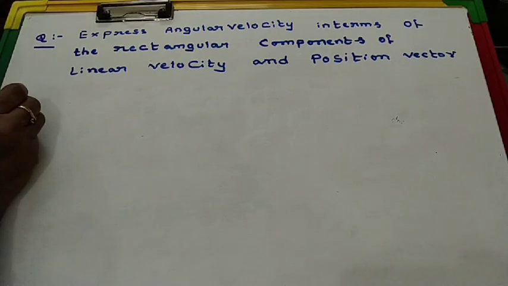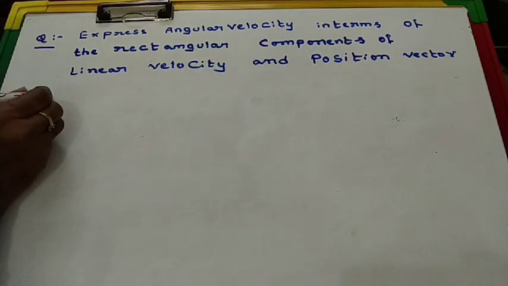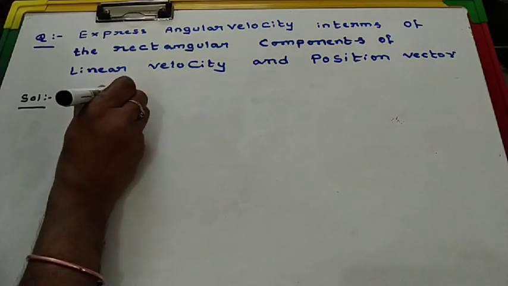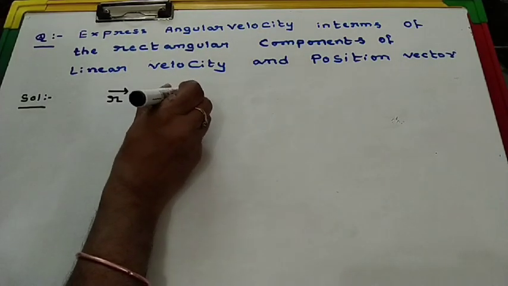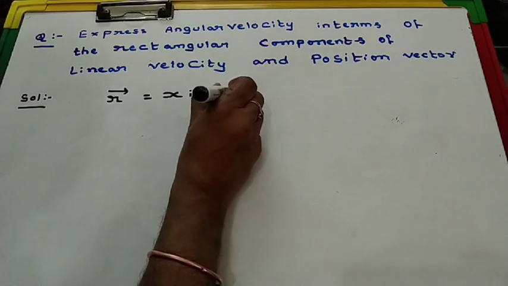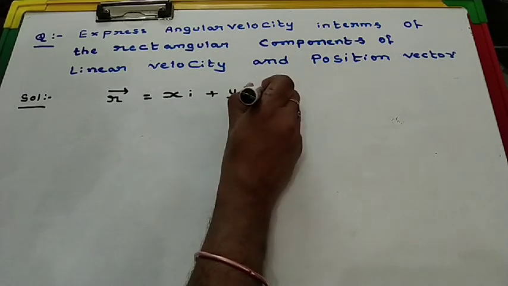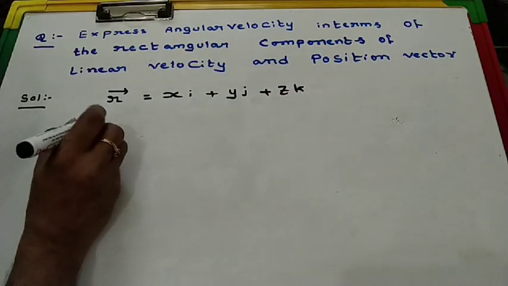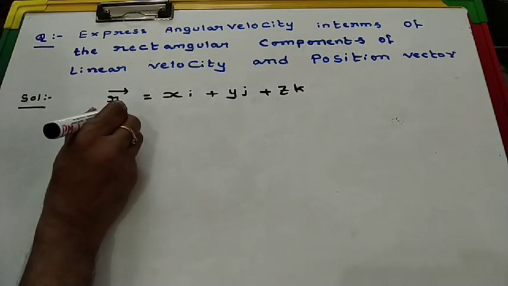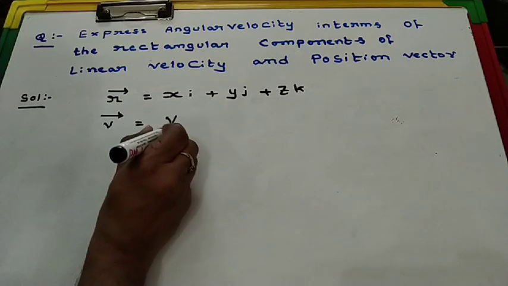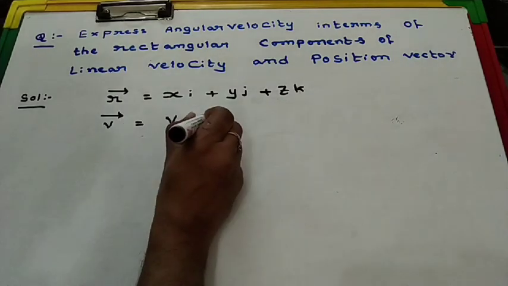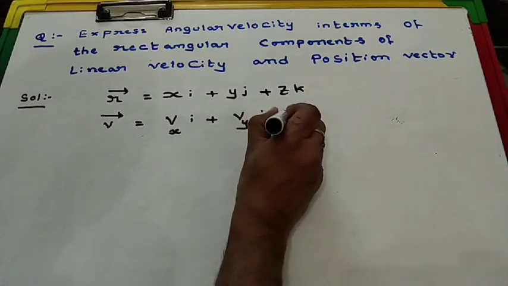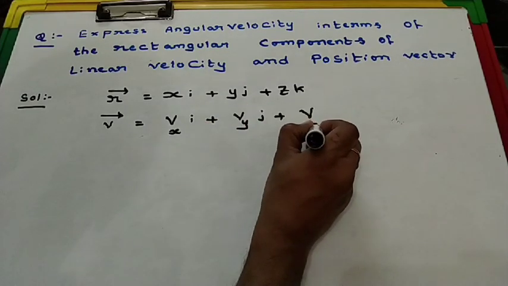Now solution. Take position vector r is equal to xi plus yj plus zk. Now velocity v is equal to vx i plus vy j plus vz k.